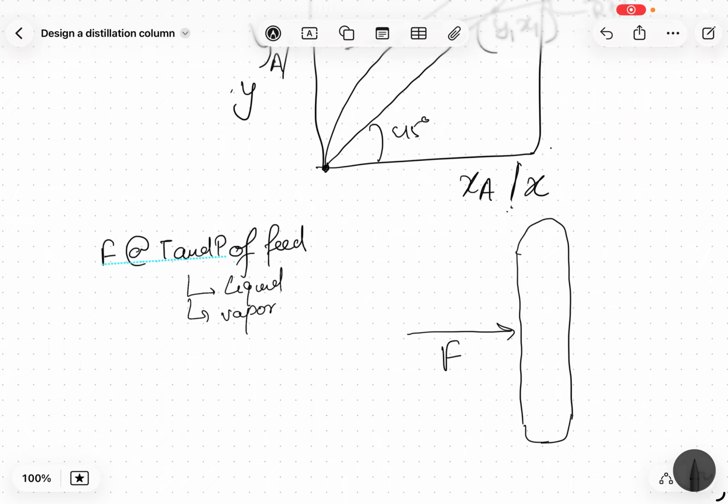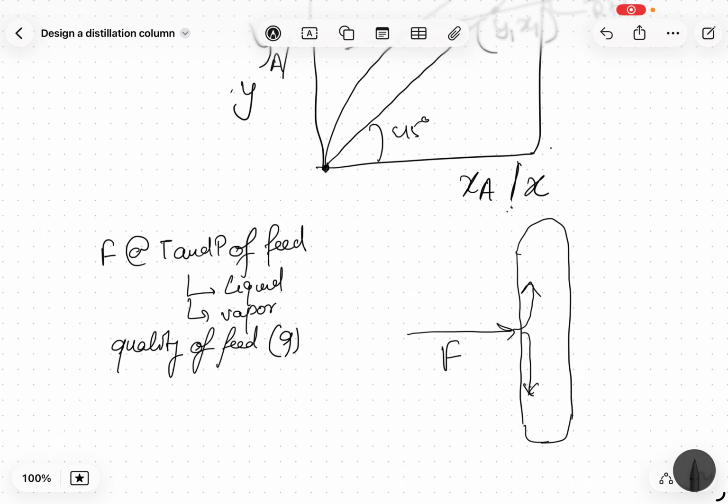Hence, based on the quality of feed, which we represent by Q, it says what amount of liquid the feed contains and what amount of vapor the feed contains. Based on that, the liquid goes into the stripping section and the vapor goes to the rectification section.